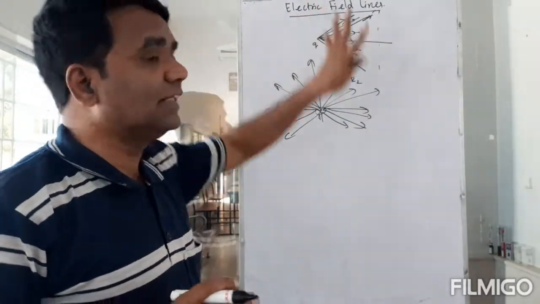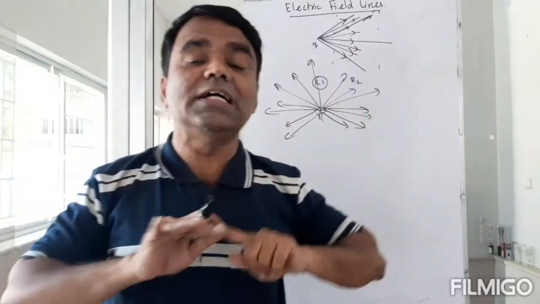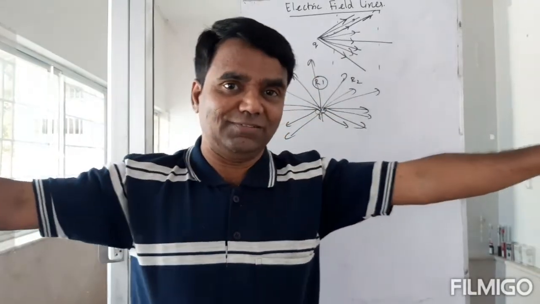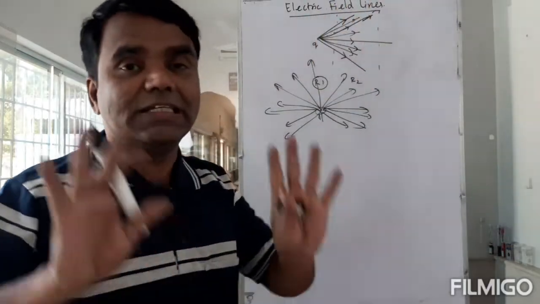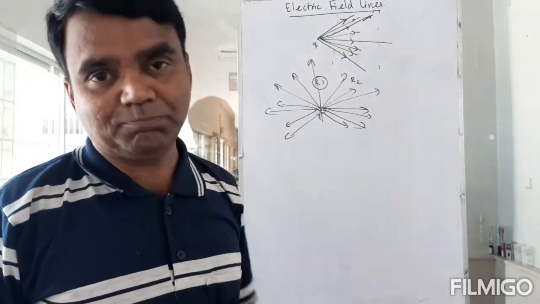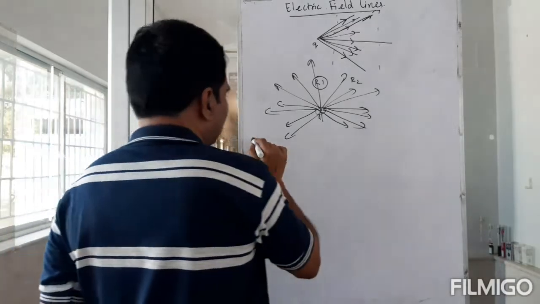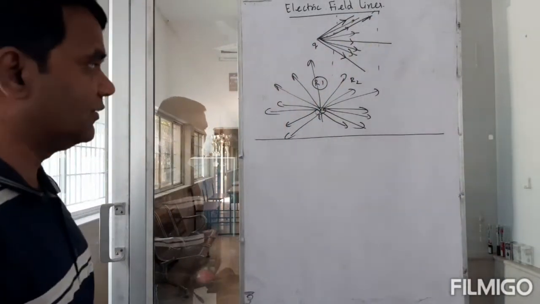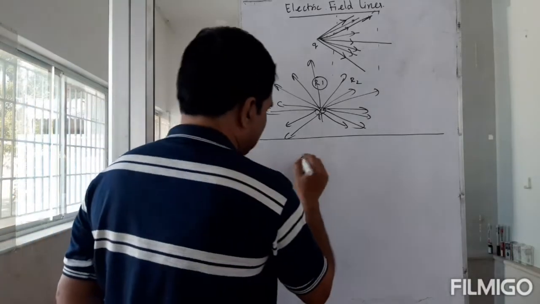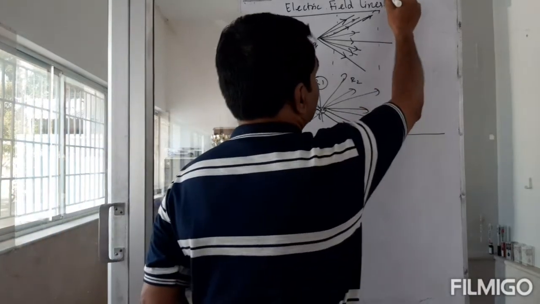So by using electric field lines, you represent the electric field. That is the idea. Now, there are properties for these lines. First, suppose I take a positive charge and draw it.